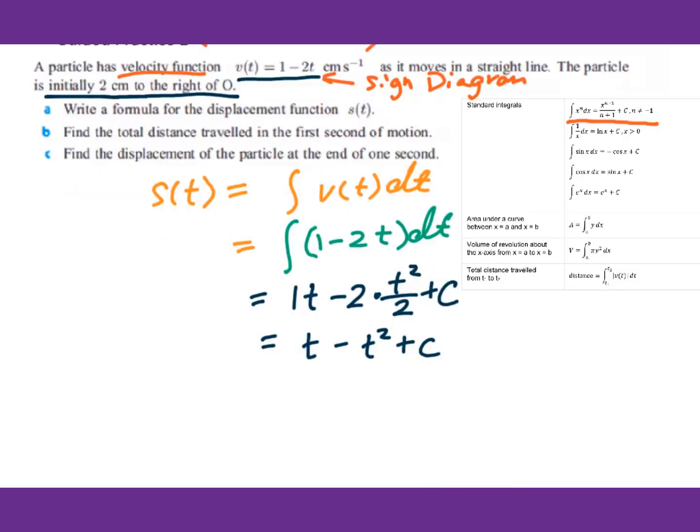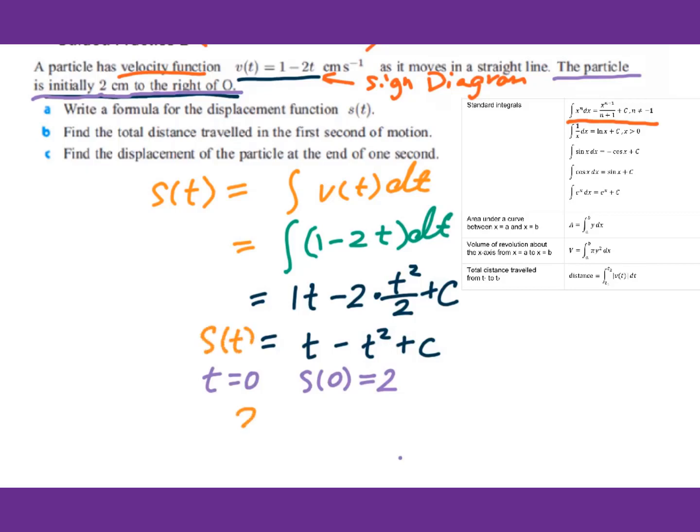According to the given information, the particle is initially 2 centimeters to the right of O, which means when t equals 0, S of 0 equals 2. So we plug into this function.